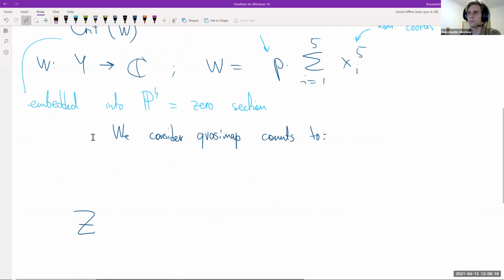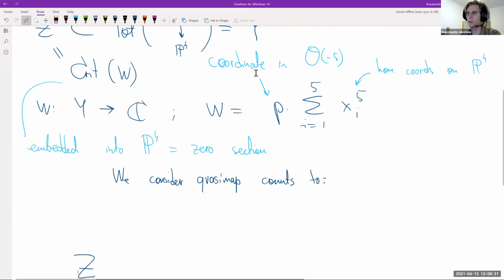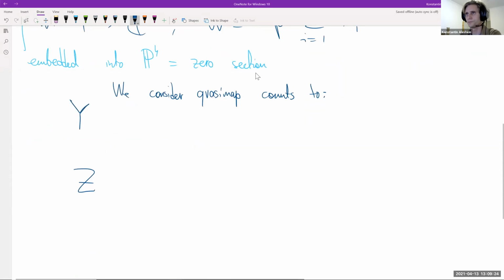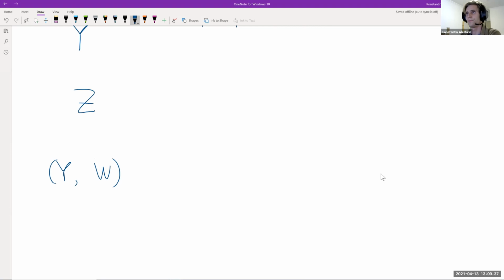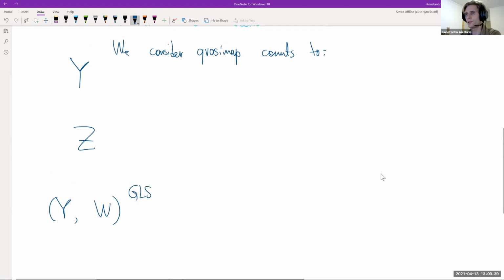Another theory is quasi-maps into the total space Y of this line bundle. And another theory is what's called gauge linear sigma model into this total space of the line bundle with a superpotential W. Later I'll briefly recall how to count such quasi-maps.